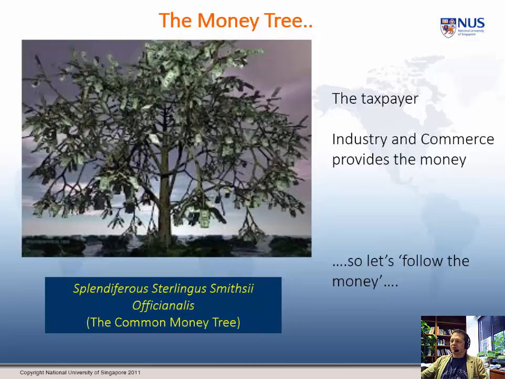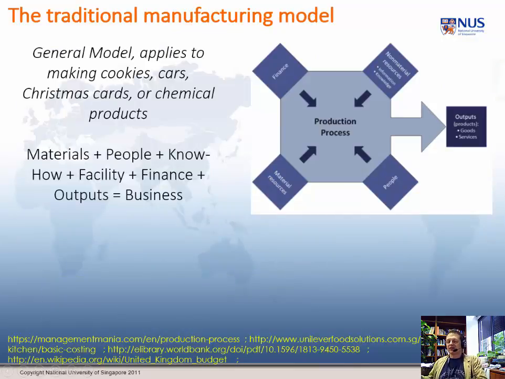If you're ever doing policy work or economics, follow the money is always very good advice if you're trying to untangle a story. So let's look at a very general manufacturing model. It's general because it doesn't particularly apply to the chemical industry. You could be making cars, you could be making cookies, Christmas cards, you name it.